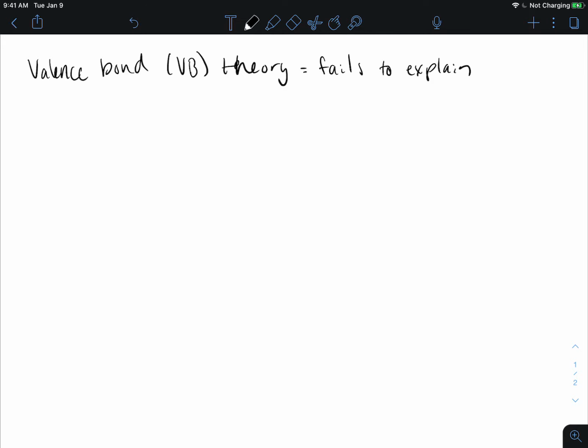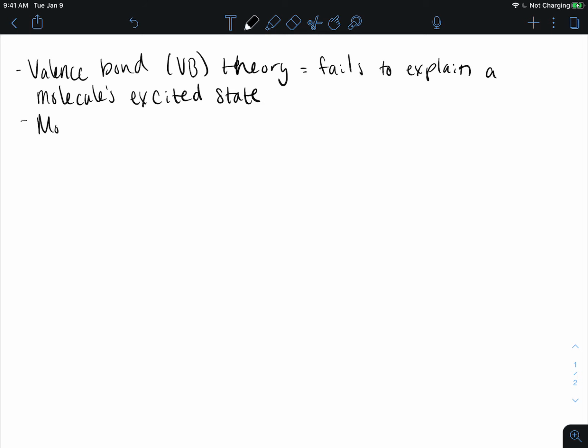So what energies we're looking at when we're thinking about a molecule's excited state. Okay. So it's a more sophisticated model used to describe the orbitals within a molecule.